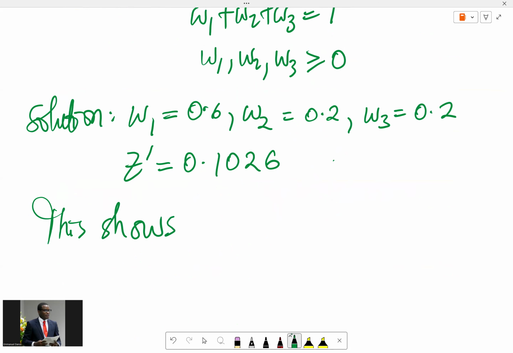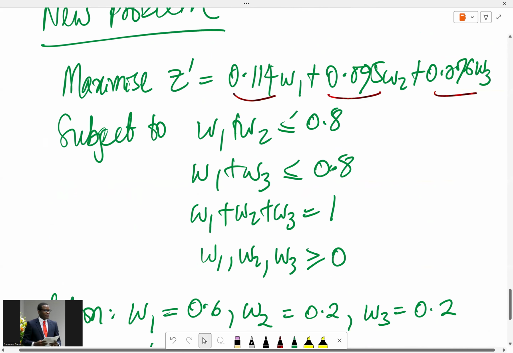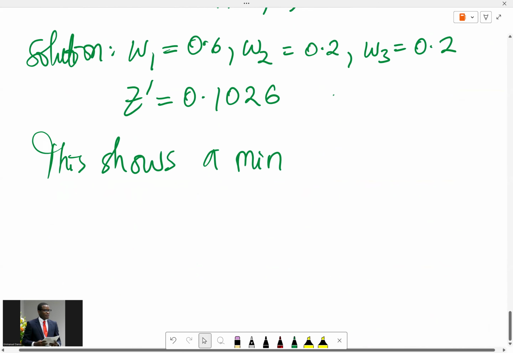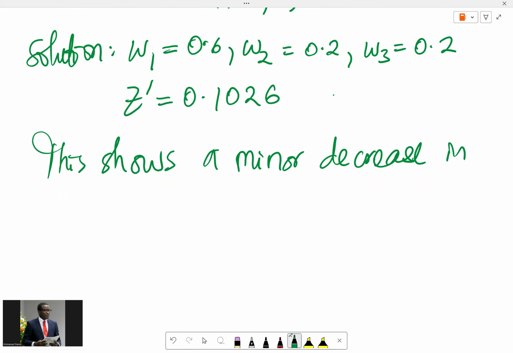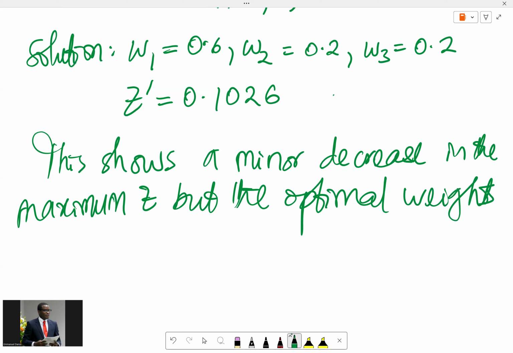So you can see that the objective function has reduced. This shows a minor decrease. The original Z we had before was 0.108. Now it's 0.1026. So this shows a minor decrease in the maximum Z, but the optimal weights W1, W2, W3 are still the same.